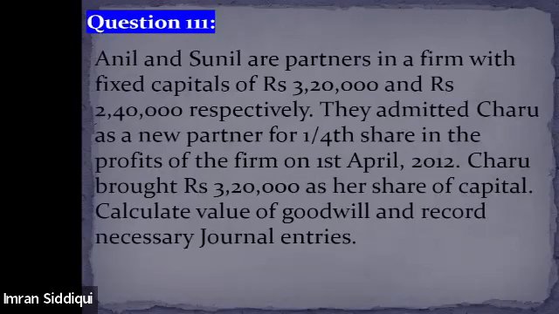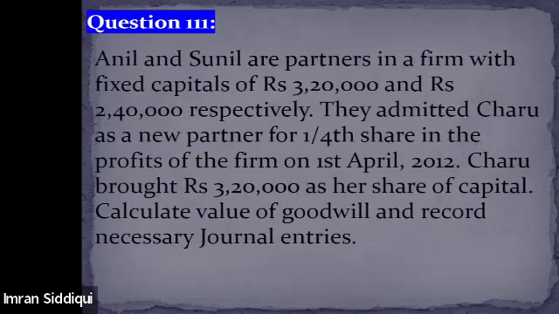And this question asks us to calculate the value of the goodwill, right? And we need to record the necessary journal entry as well. But there is no information given regarding the goodwill. We need to find the goodwill in this question. Previously, goodwill used to be given in the question. This time, goodwill is not given. So this kind of situation is called a situation of hidden goodwill, right?